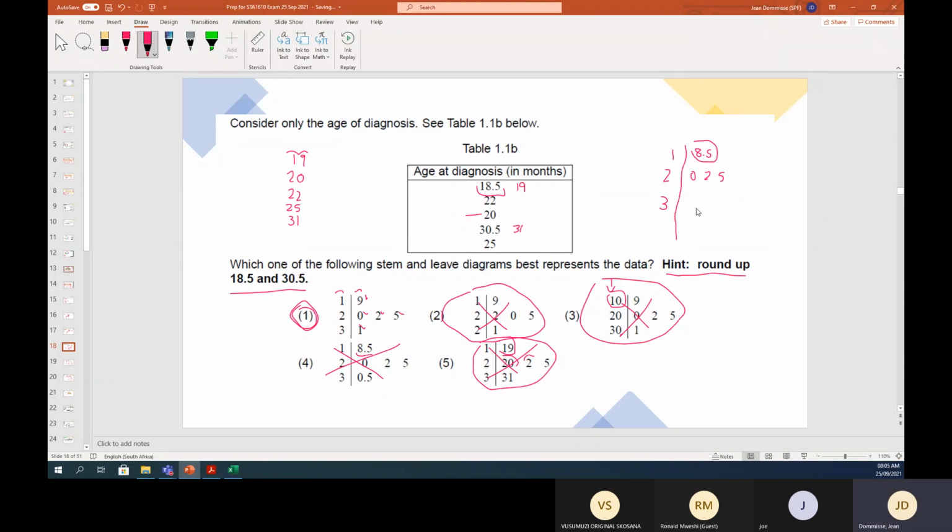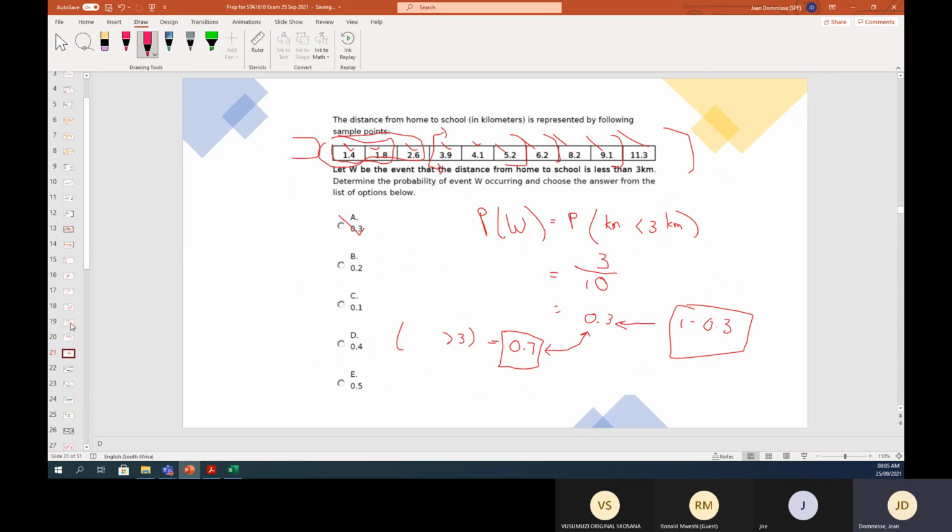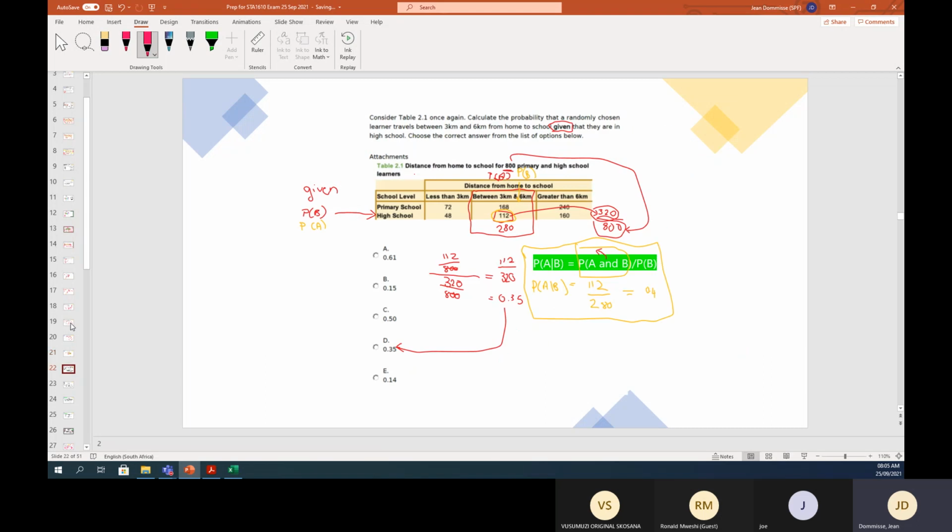If it wasn't rounded off, it would have looked something like this. But again, they would probably ask you to round it off. Okay, so that was just an extra one of stem and leaf that I wanted to show you. So hopefully that nearly covers all the possible stem and leaf questions that they can ask.